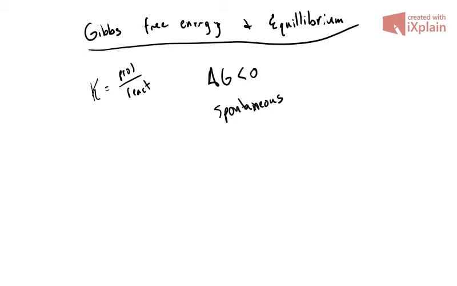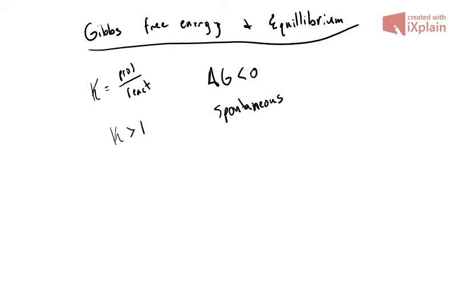So it would stand to reason that the K value for that reaction, that equilibrium value, if the reaction is spontaneous, should be greater than 1. Okay, if delta G is negative, then K has to be greater than 1, correct? That means that the reaction is happening on its own, which means it is driving towards the products on its own, so the equilibrium must be product favored. Okay?